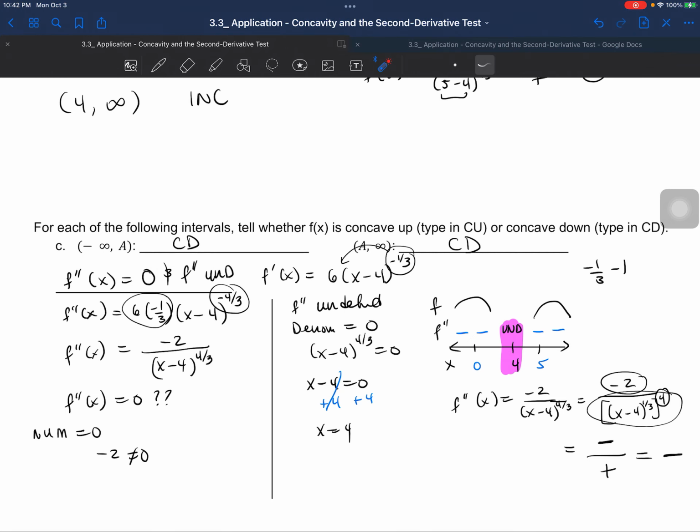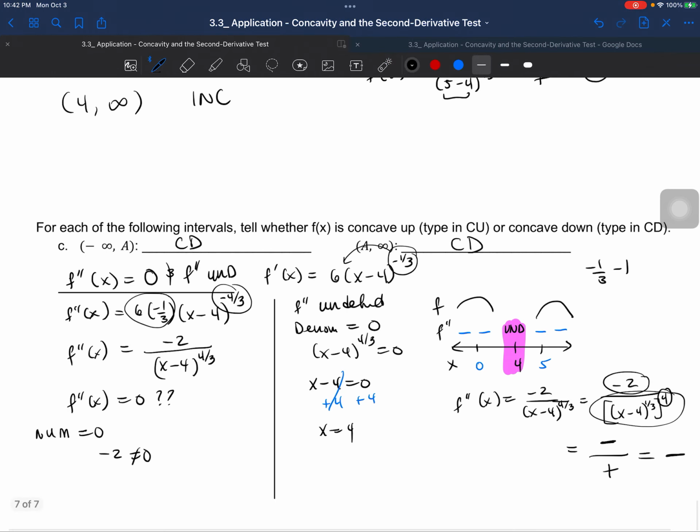So negative over positive is negative, and you end up getting the same result. So concave down from negative infinity to 4, union from 4 to positive infinity. And that's it pretty much for this example.